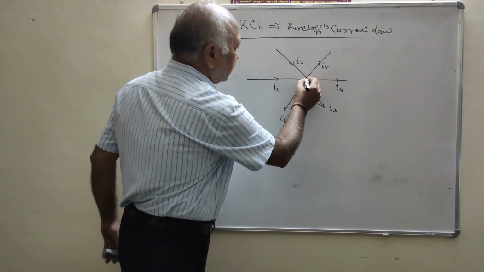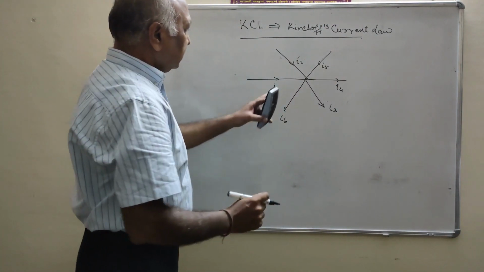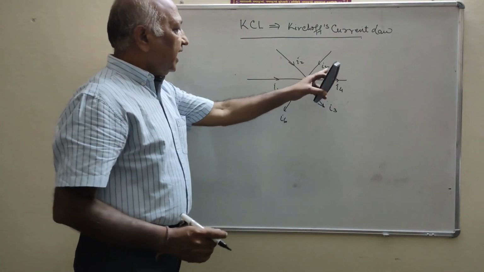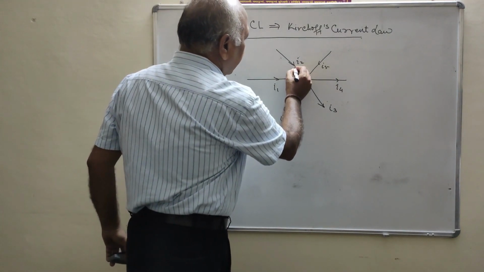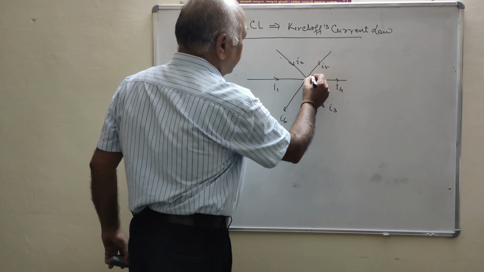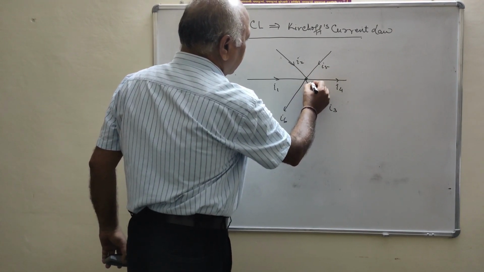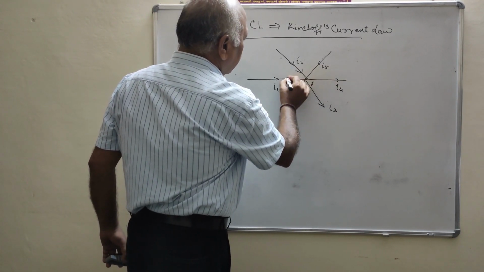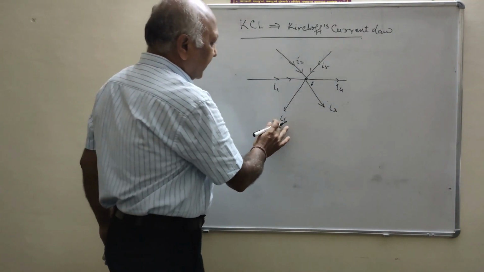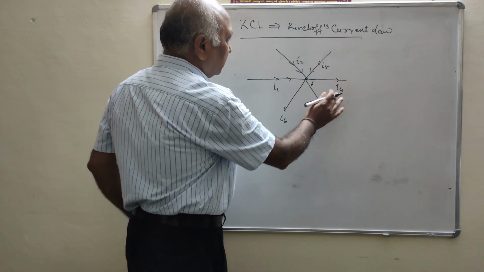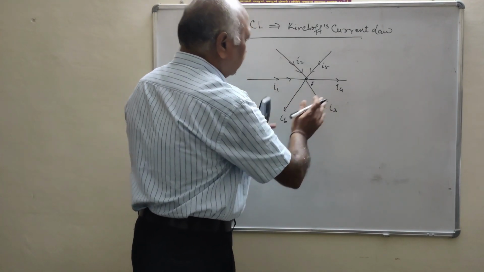Clear? At the junction, I1, I2, I5 are the incoming currents, coming towards the junction. And I6, I3, I4 are going away from the junction.